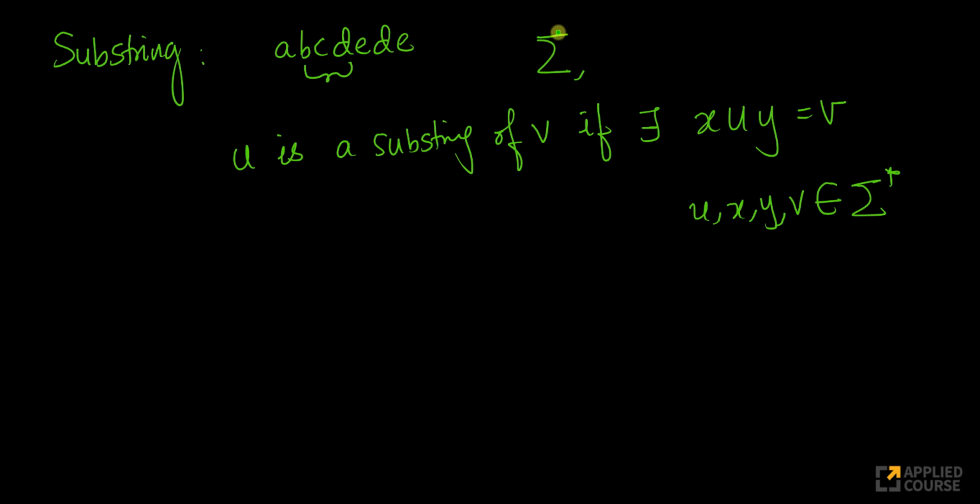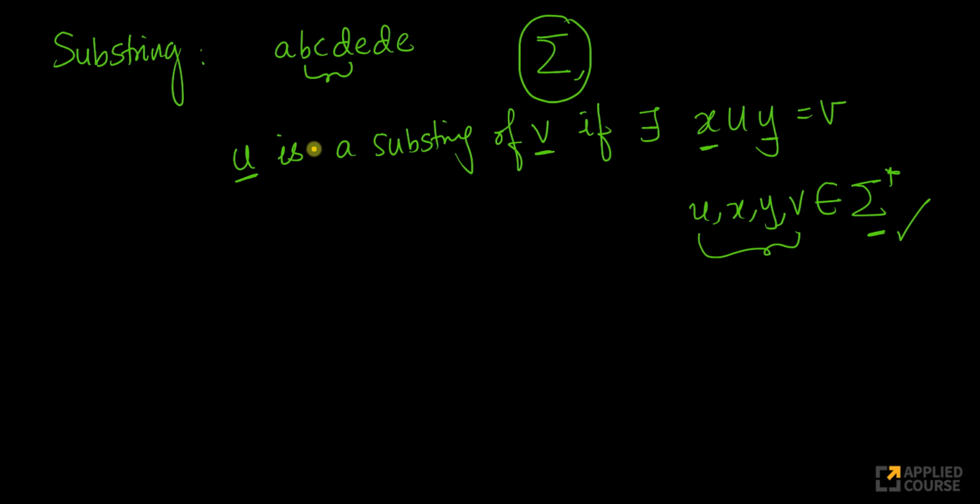What is sigma? Sigma is the alphabet. U is a string, V is a string, X is a string, Y is a string. All of them are strings, and how do you say they're strings? Because they belong to the set of all possible strings that you can construct from sigma. Then you say U is a substring.